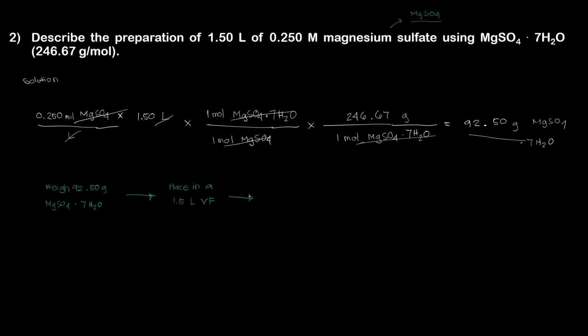Either case, the same thing. Then dilute to mark. Then you produce 0.250 molar MgSO4. That's how you prepare magnesium sulfate from magnesium sulfate heptahydrate.